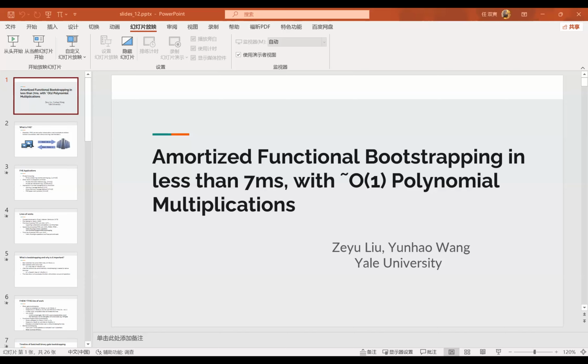So we want to represent this function f using some function f prime. What this f prime is, basically, for all elements x in Z_p, we have f prime of x equal to f of x. So we're basically replacing the NAND function with this f prime.